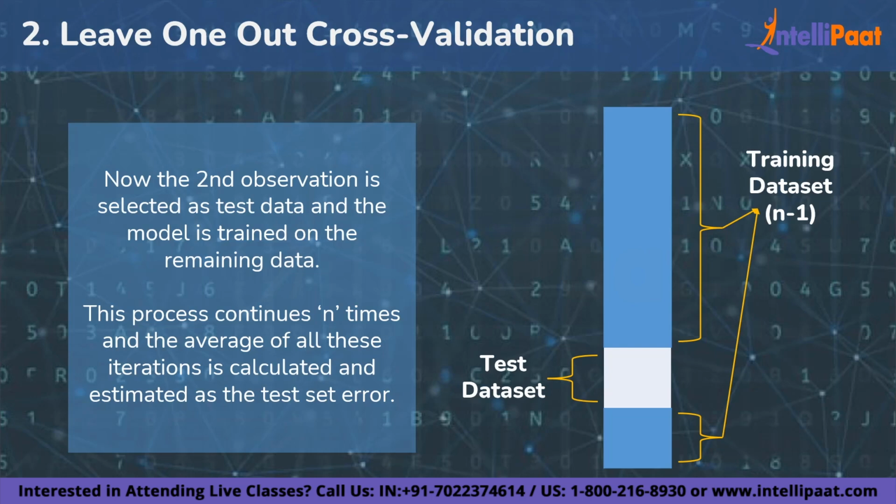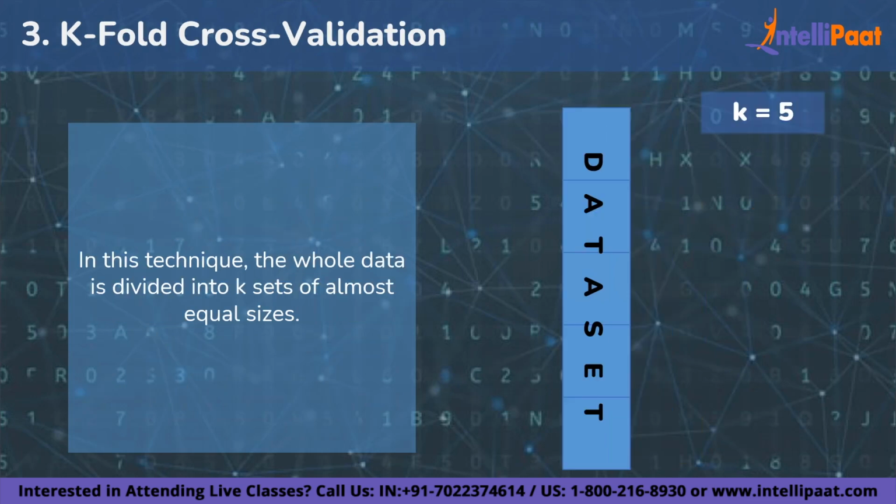And that is where our next type will tackle this problem and give us a good balance between bias and variance. So our third type is k-fold cross-validation. In this technique, the whole data is divided into k sets. And here, we will define the value of k for every data set.